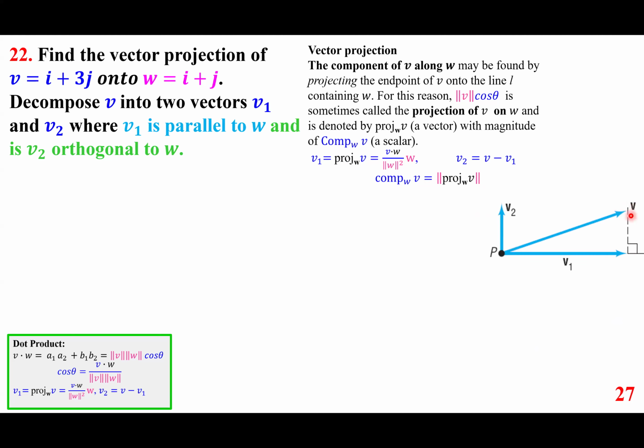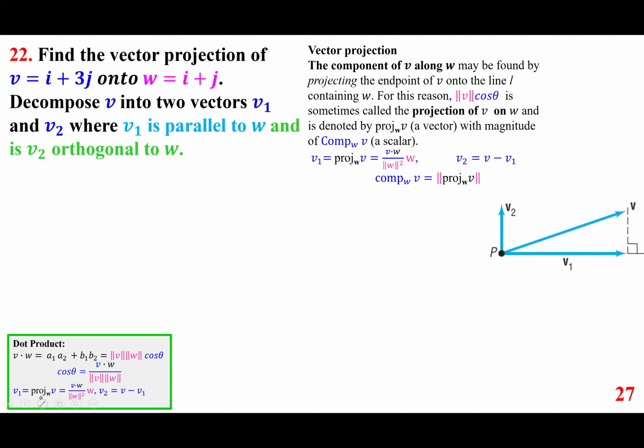So how do you find that? If you drop a perpendicular, everybody, this part and this part obey the Pythagorean theorem. So V1, we are doing the vector projection onto the x-axis in essence, whereas this one onto the y-axis.